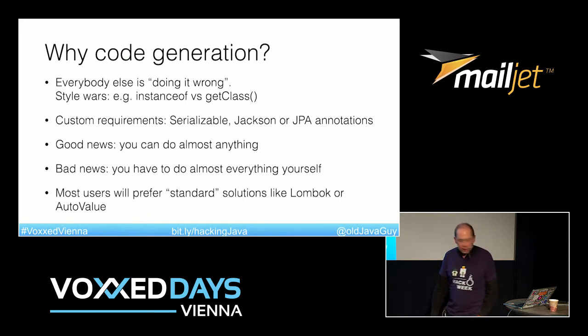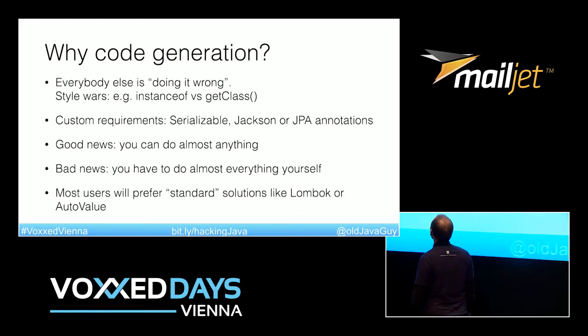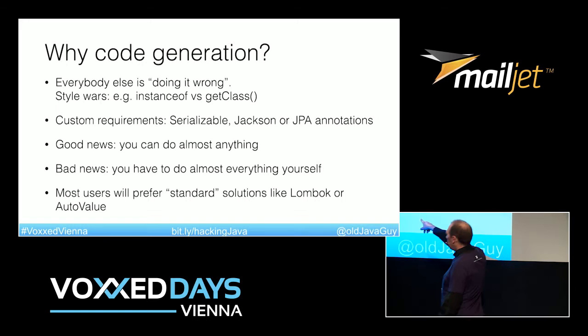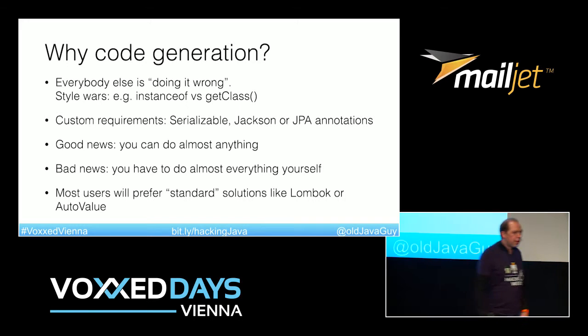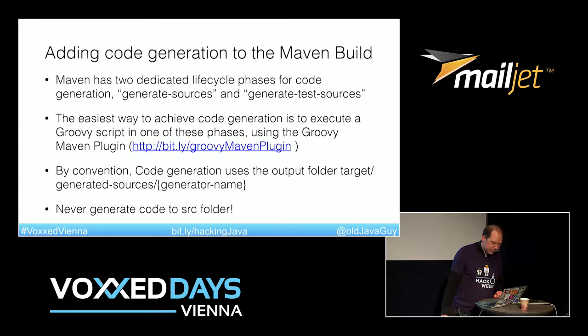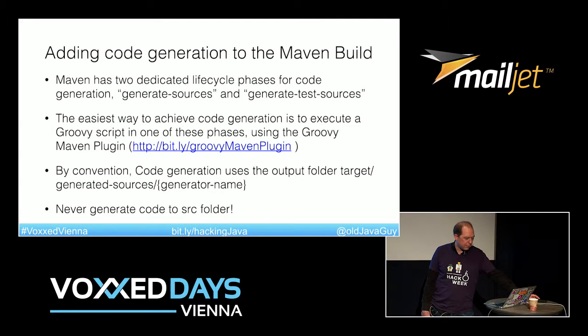And yeah, the good thing, you can do almost anything. The bad news is you have to do almost everything. So most people stick with either Lombok or AutoValue, but I personally use code generation pretty often, and I'll be giving you an overview of that. So here's how you can do it in the Maven build.